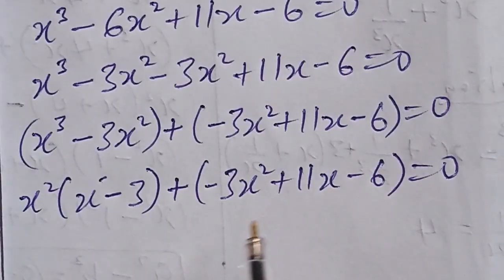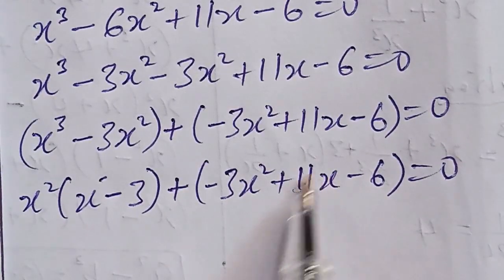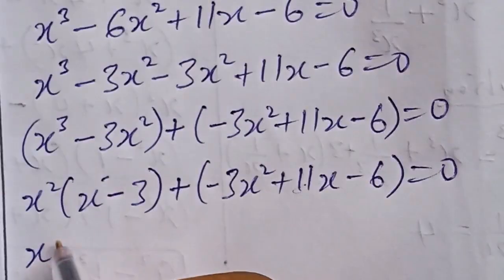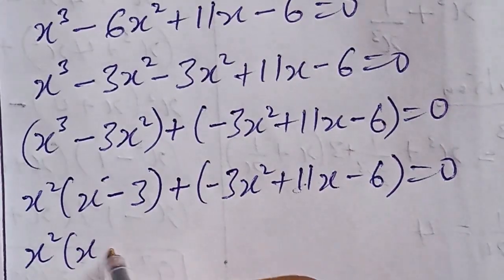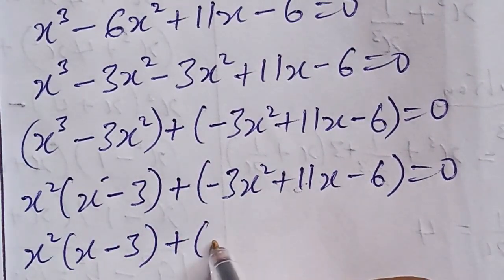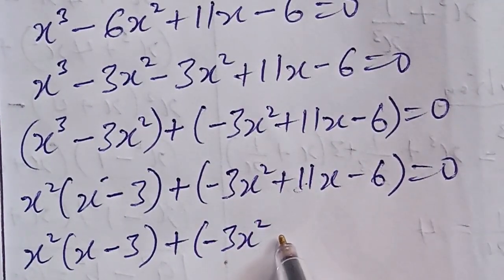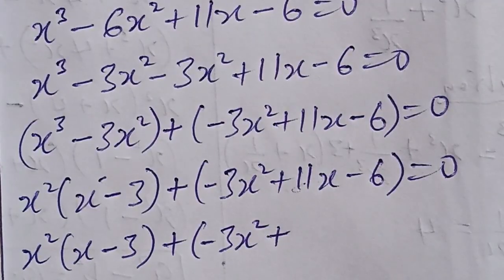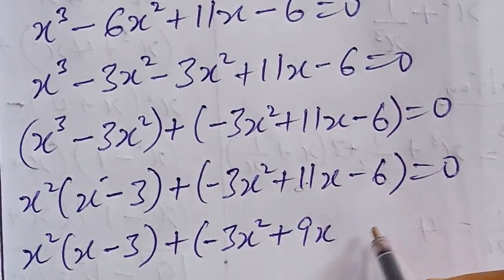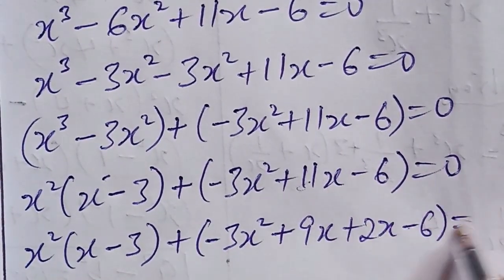Now let's consider this part by splitting this as well. So simplifying this, we have x squared into bracket x minus 3, close the bracket, plus bracket minus 3x squared plus 9x plus 2x minus 6, equal to 0.